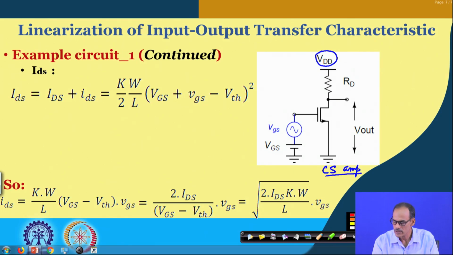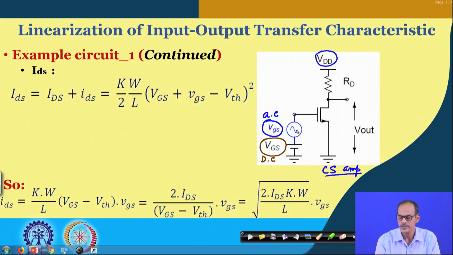At the gate we have a DC voltage, which is the DC part defining the operating point, and on top of that it has the small signal part. You may say this is the AC part or time varying part. Though pictorially we are showing it as sinusoidal, it is not necessarily sinusoidal. The only thing we want is that its average should be 0.